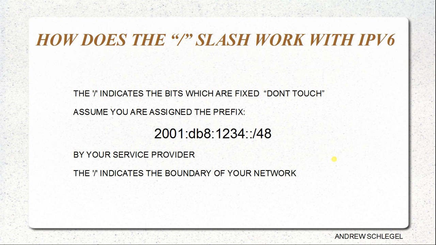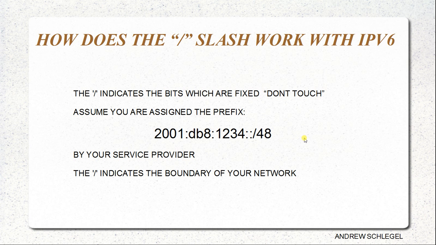So your network organization assigns you basically 128 minus the prefix length value. So if we had 128 bits total and this is what we can't touch, 48, then 80 is what we can touch. It's just like IPv4, it's just more bits, right?